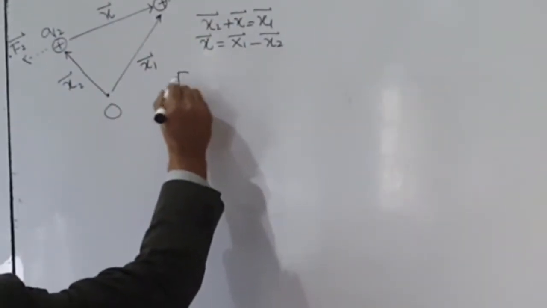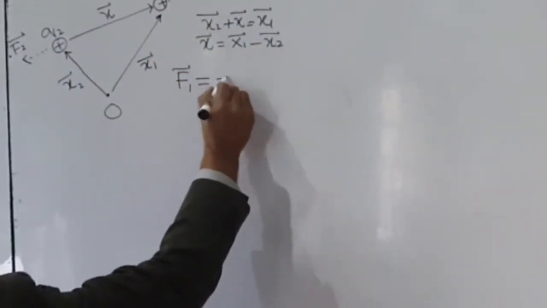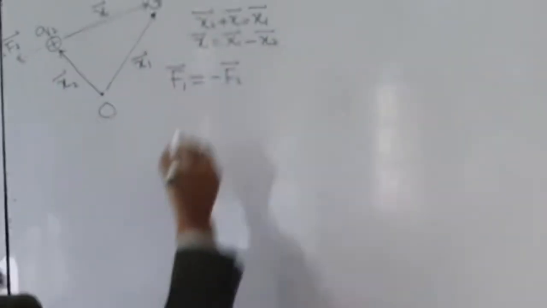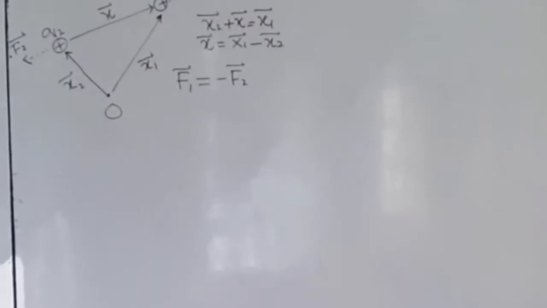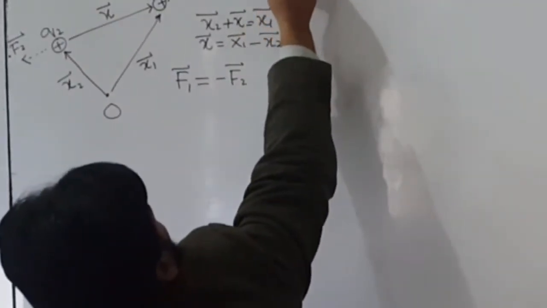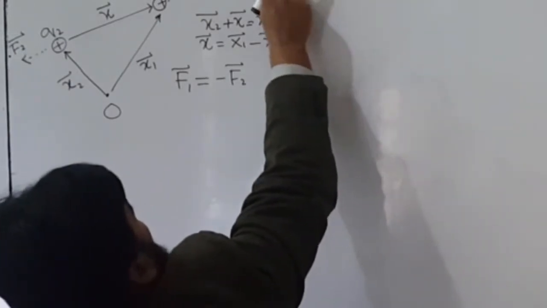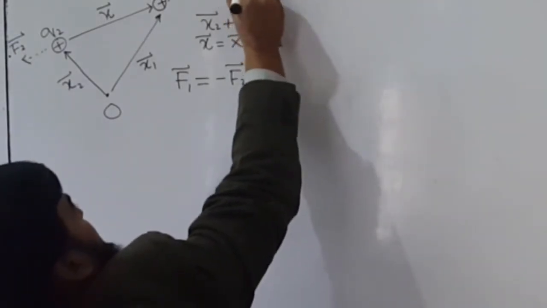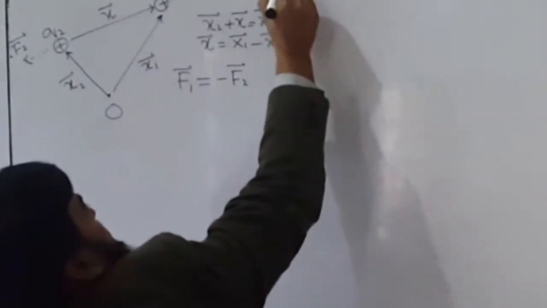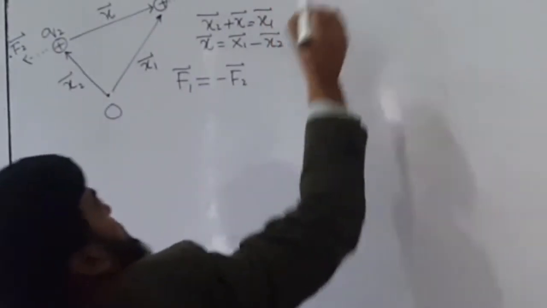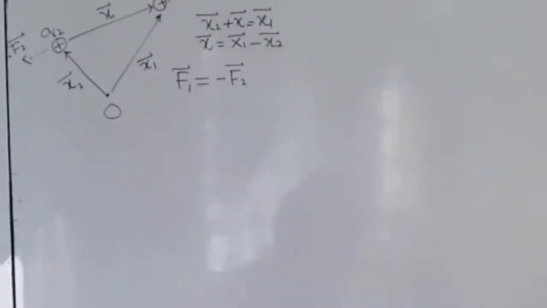So I can write that F1 is equal to minus F2. This is a mutual force; F1 is in the opposite direction to F2, while the magnitudes are the same. And this k is always equal to 1 if I use the CGS system.